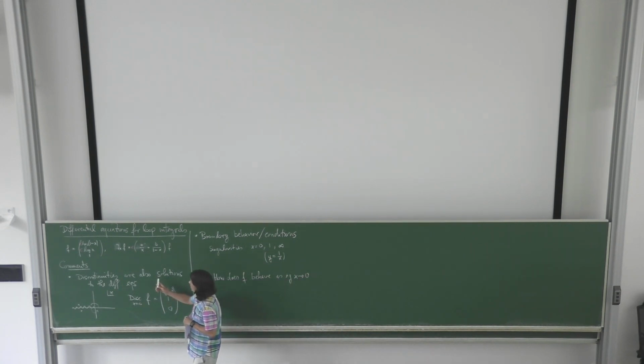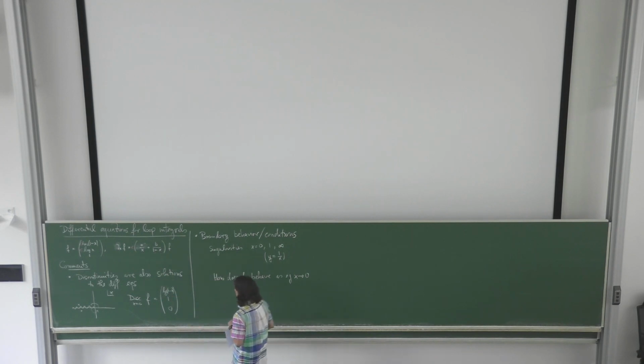What you might guess intuitively is that as x goes to 0, on the right-hand side the most important term is a divided by x, and in the first approximation we could forget about the b term. So therefore, let's consider the approximated equation, dxf is equal to a divided by x times f.